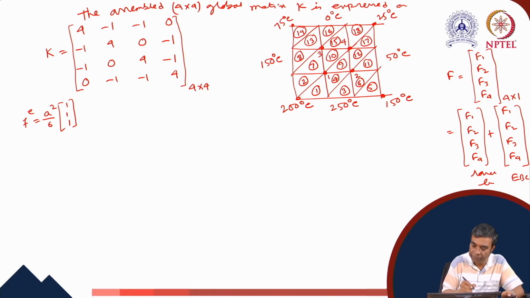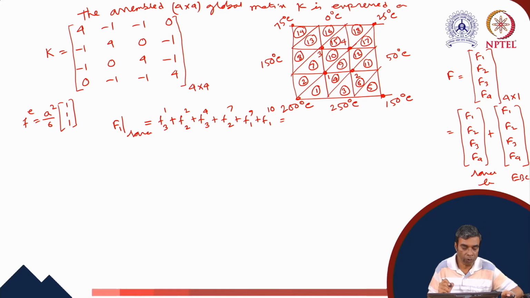So our F1 source will be F31 plus F22 plus F34 plus F27 plus F19 plus F110.